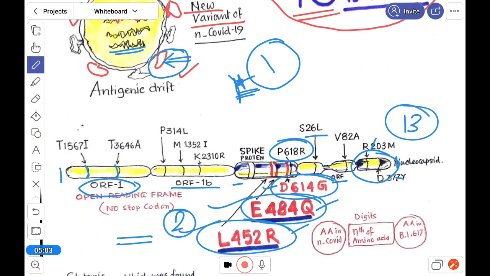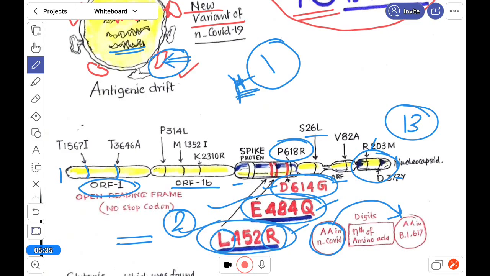So what are these two? E484Q and L452R. If you include the third one, D614G. Now, what is the meaning of that? Let's learn a little bit. The first letter, like E or L, indicates the amino acid found in the previous COVID virus, but it changes into some other form, here R. I'll explain what these letters are afterward.